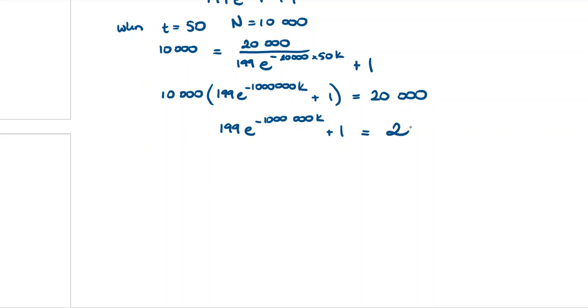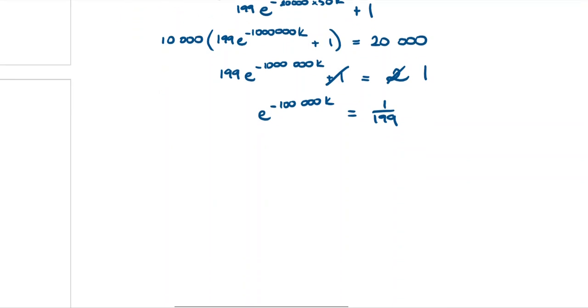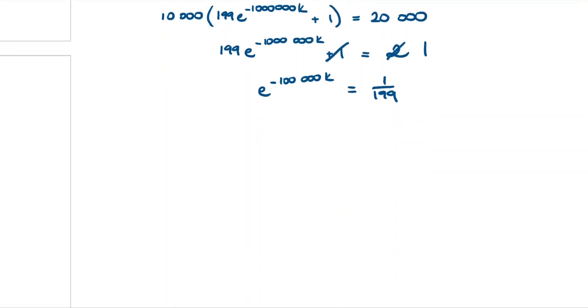Can I just go cancel that off and go 1 so I don't have to rewrite it? No? Okay. Then divide the 199 is 1 over 199. Then you're going to flip it, are you? All right, okay. So get rid of the negative.